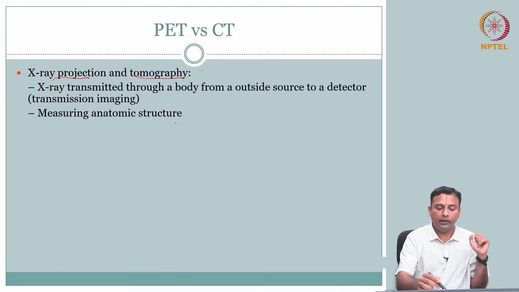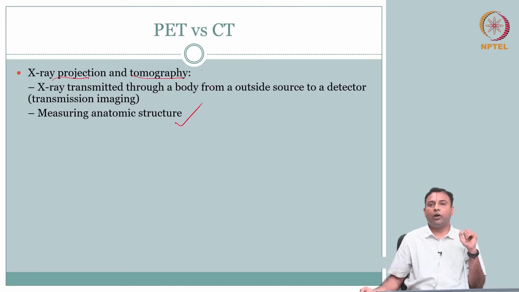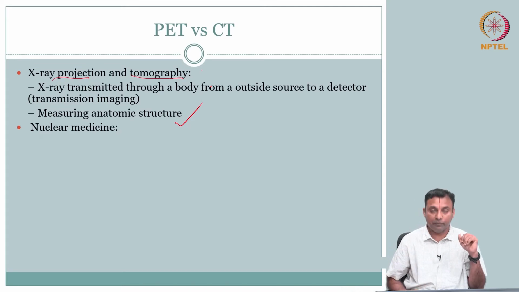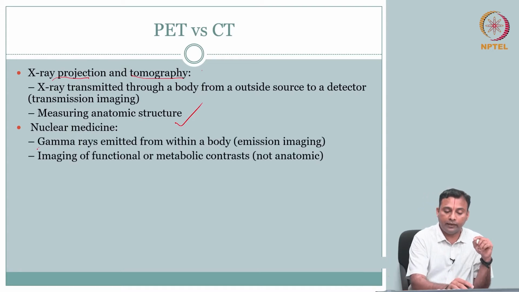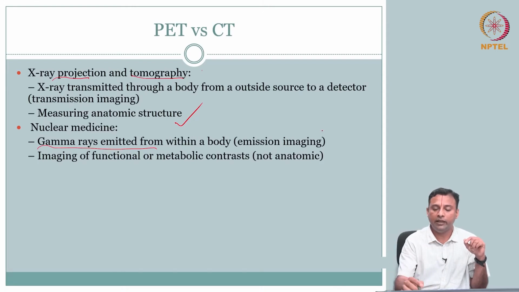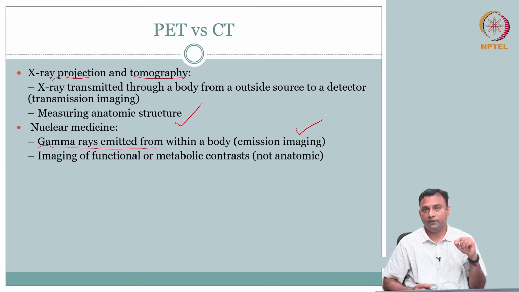Most of the time the images we showed were structural imaging, measuring the anatomical structure. Whereas in nuclear medicine, this is about detecting gamma rays emitting from a source inside the body. So this is emission imaging. It is not through transmission, this is emission.